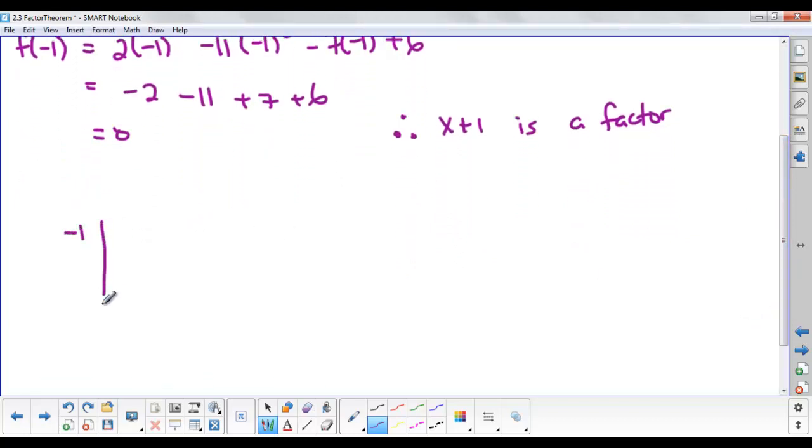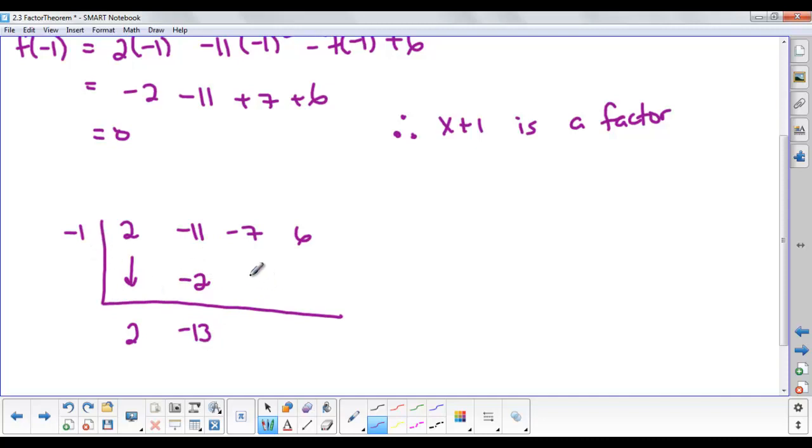So the root goes on the outside, the -1, and our coefficients, 2, -11, -7, and 6. Drop down the 2 and multiply. So -1 times 2, add them up. -13 times -1, add them up. 6 times -1, and add them up. Always confirm that you're going to get 0 here.